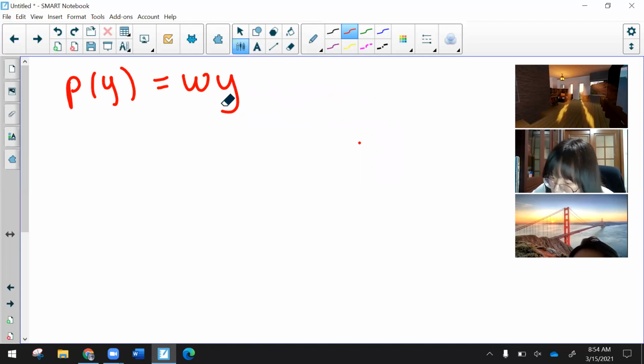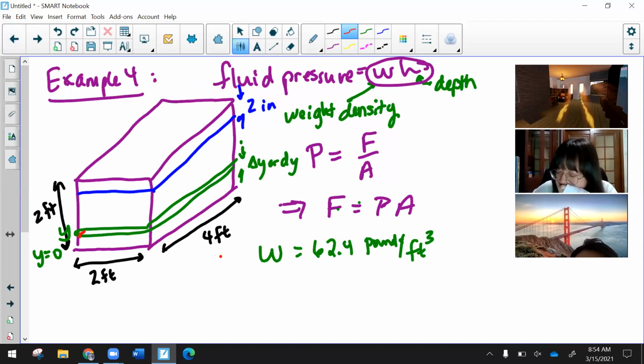And remember that F is equal to PA. So here's my P. I need my area, and that's the area of this thing right here.